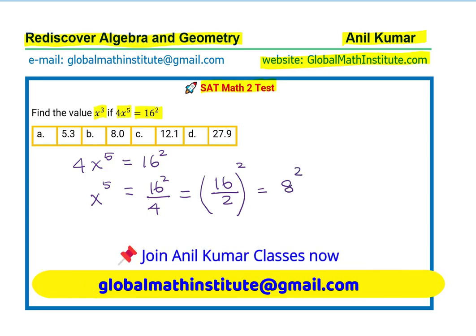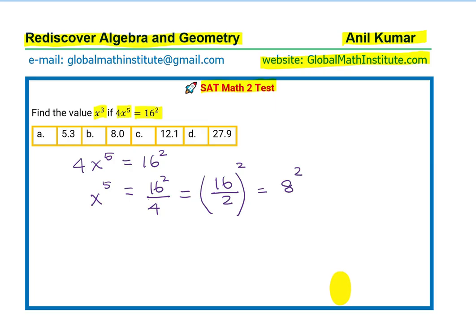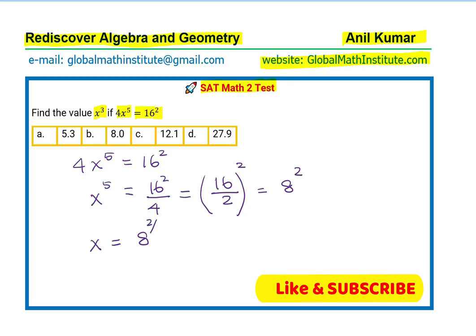Now on this side, we need to figure out what x cubed equals, right? So x to the power of 5 is 8 squared, so x will be equal to 8 to the power of 2 over 5, right?